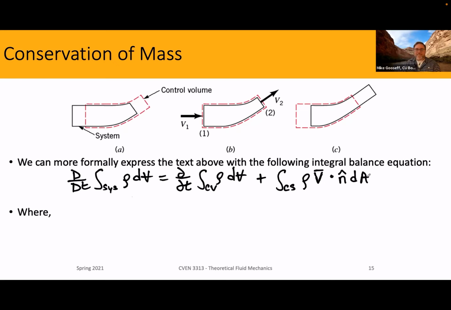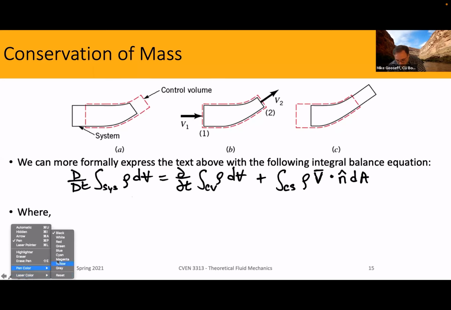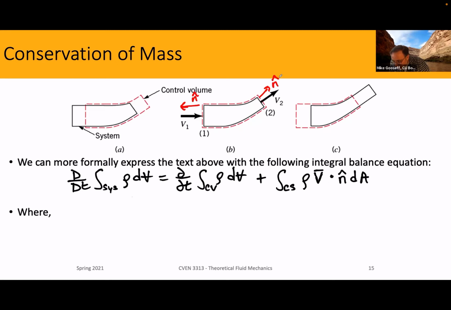Okay, so what is n hat? Around our control surface, I'm going to change my pen color to red here. And around our control surface, everywhere that there is an opening, an entrance or an exit, we have what we call a normal vector. Okay, and this normal unit vector is just n hat.